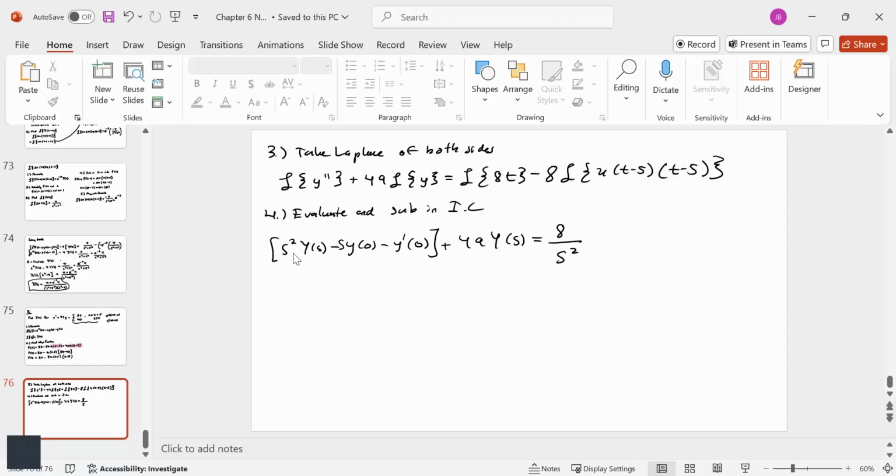It becomes s squared, 1 factorial in the numerator, minus, and because this is u of t minus a, and this right here is f of t minus a, so it already has the same value for a, then the formula is just going to be e to the negative, and then whatever a is, which is 5, times s.